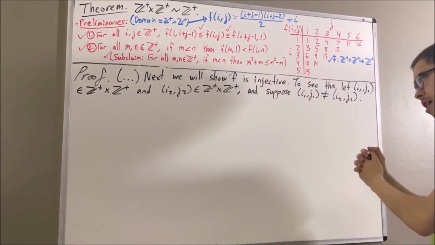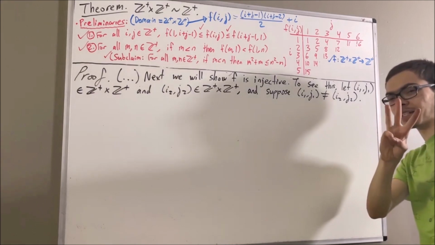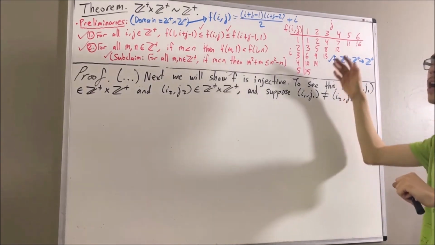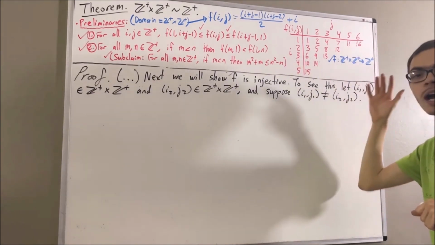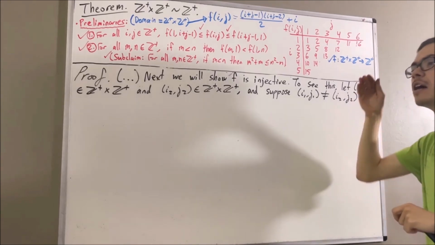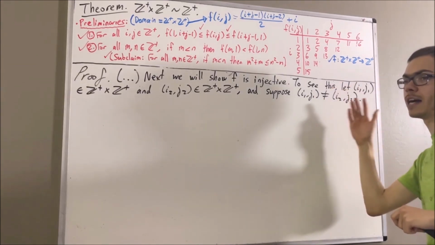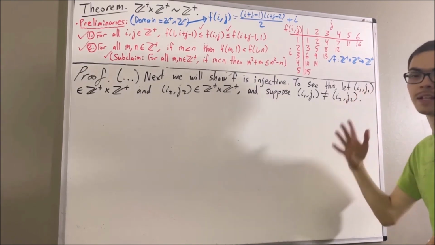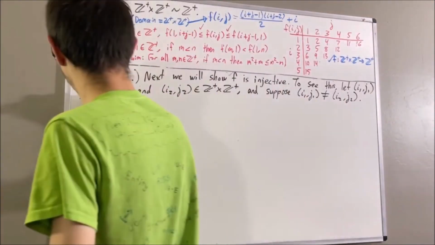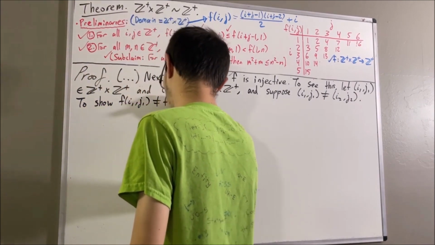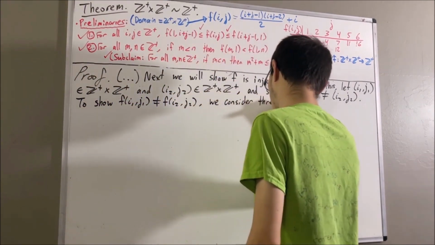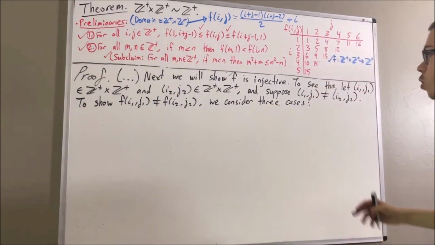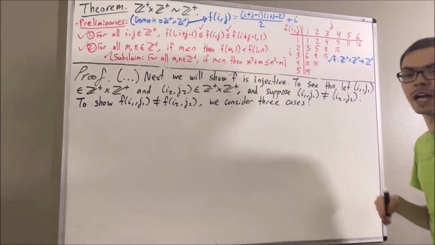Okay, now we're going to divide this up into three cases. Either i1 plus j1 equals i2 plus j2, i1 plus j1 is greater than i2 plus j2, or i1 plus j1 is less than i2 plus j2. Let's start with the case where i1 plus j1 equals i2 plus j2.